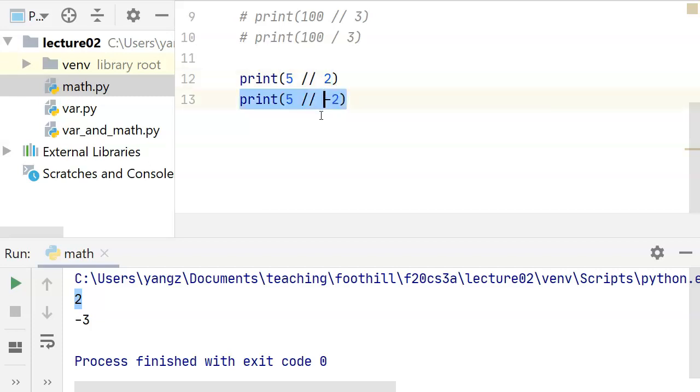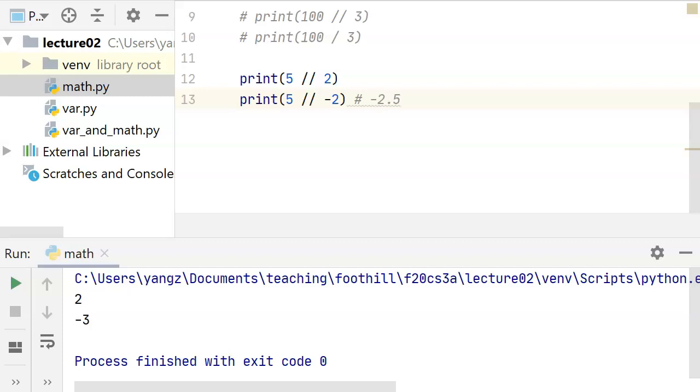Now the second one, 5 floor division negative 2, gives us a negative 3. It may or may not be what you expected, but here's the logic, right? We know that 5 divided by negative 2 in a true division is going to give us minus 2.5.